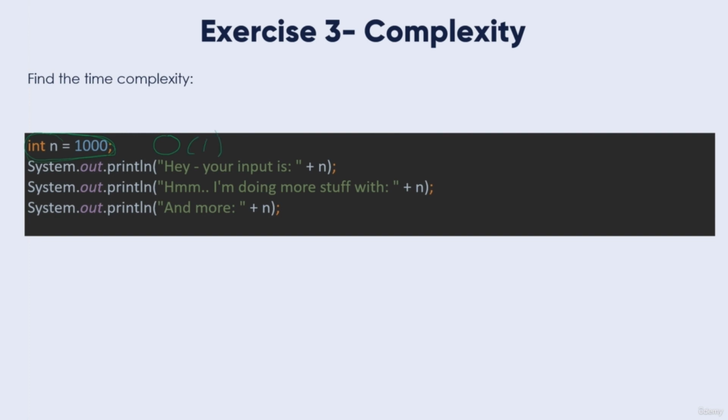If we go to the next line, we are just printing "your input is" and then printing n. Here, just printing will result in O of 1 only.